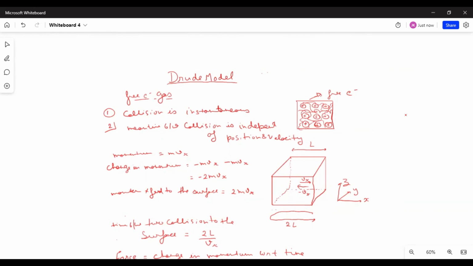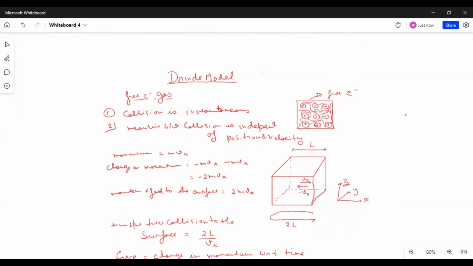To start with, we assume that we have a cube and there is a single electron moving towards the right in the x direction with the velocity vx. So its momentum will be mvx. When it is reflected back, the change of momentum will be minus 2mvx.